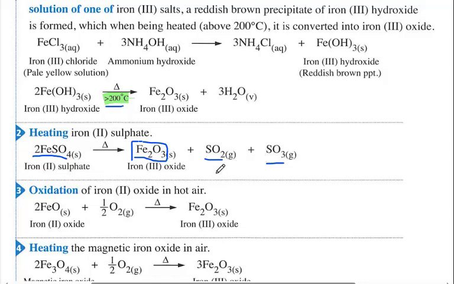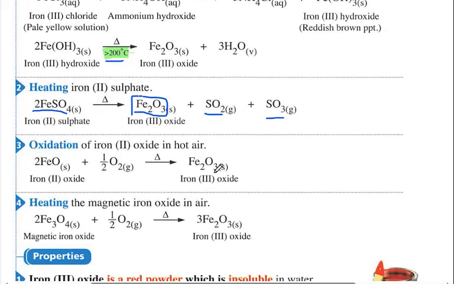The second thing is that we have explained that it is the higher oxide, so we can oxidize ferrous oxide into ferric oxide, iron 2 oxide to iron 3 oxide, and we can also oxidize magnetic iron oxide or Fe3O4 into ferric oxide.